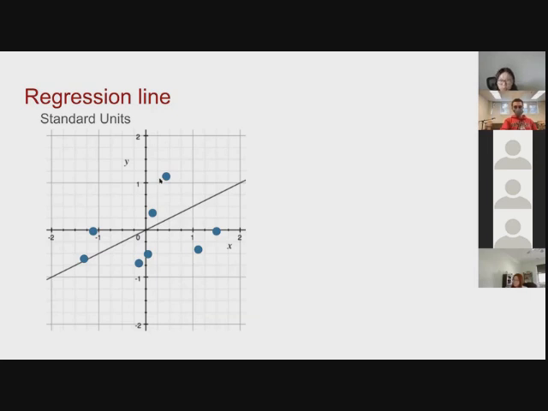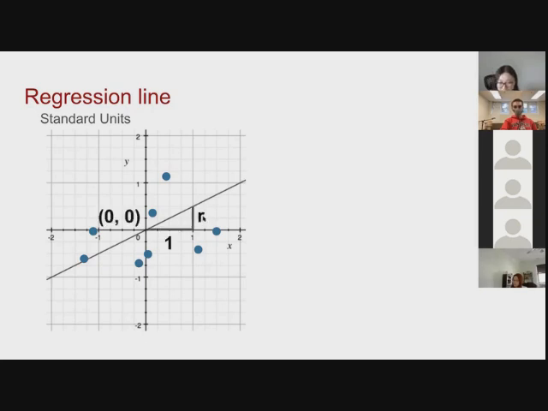We're showing 8 dots over here. This regression line is centered at 0, 0 because we standardized x and y, so it goes through 0, 0. The slope of this line, of course, is the r that we talked about earlier, the regression coefficient.